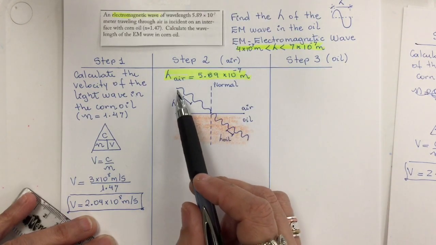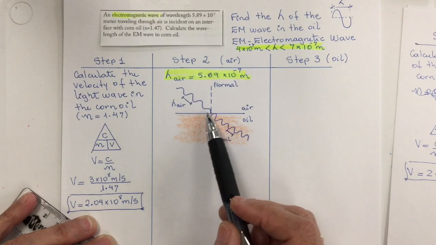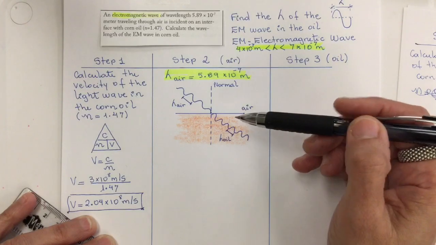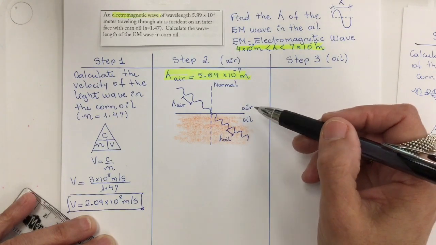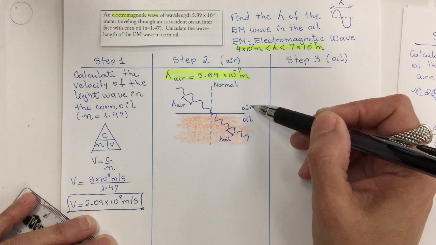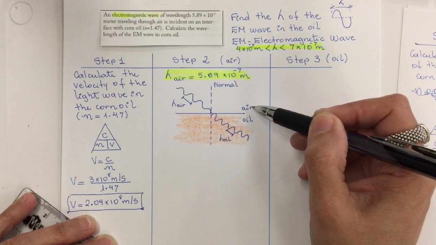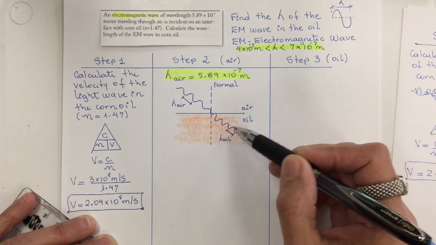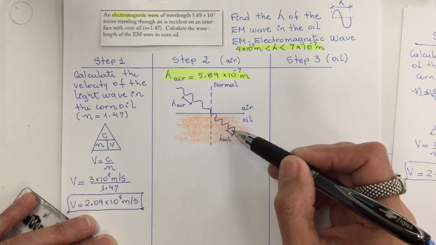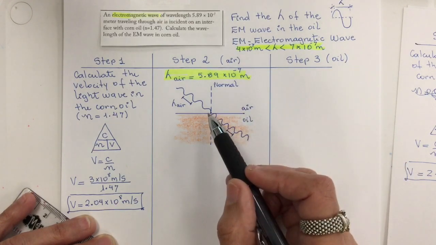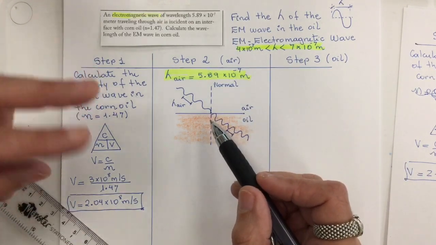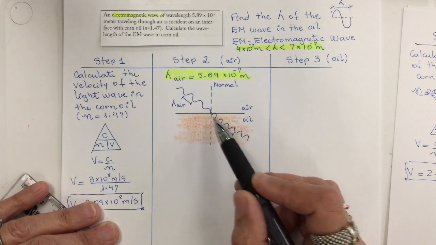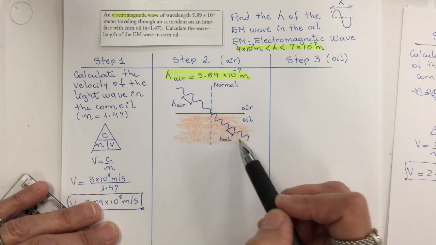This is a light wave coming from air to oil. When you compare the density of air with oil, oil is more dense. We have more particles in the oil, which means that the wave, in that change of medium, is going to slow down.